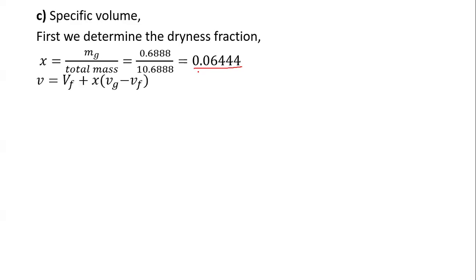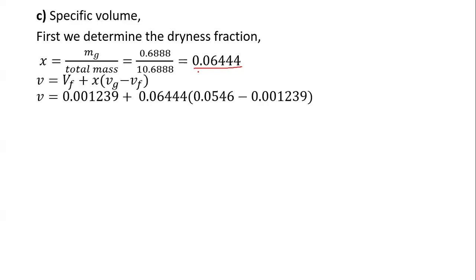With that, we can now proceed with finding the specific volume. So the specific volume is vf plus x vfg, which is the difference between vg minus vf. Here I'm saying v, but in actual sense, this is the letter nu. Greek letter nu is slightly different from the v, but for the sake of simplifying, let's keep calling it that.